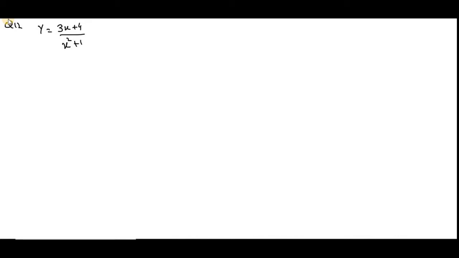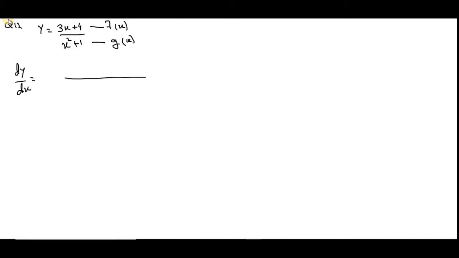Now in question number 12, y is equal to 3x plus 4 divided by x square plus 1, the two functions are being divided, this is f of x and this is g of x. So we are going to use the division rule.